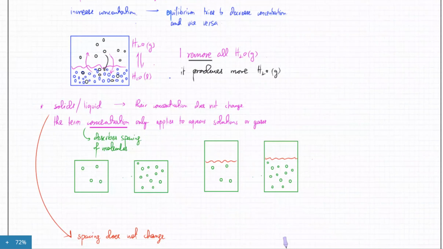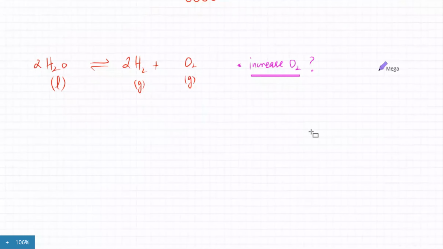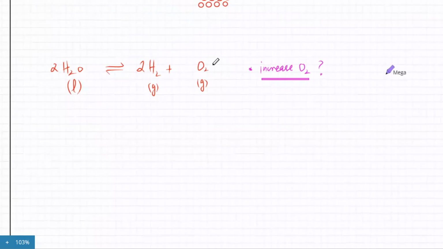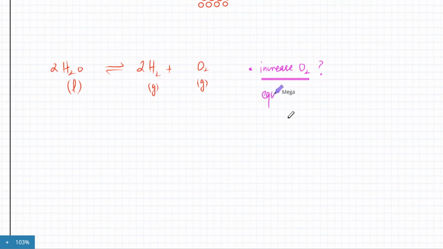This is the part where I wrote down concentration only applies to aqueous solutions or gases. So when I talk about increasing oxygen, the concentration will increase, obviously. If I have a gas and in the container I add more gas, the concentration of the gas is going to increase. So if I increase O2, its concentration would increase. The equilibrium would try to do the opposite. Equilibrium will favor that reaction which does exactly the opposite.